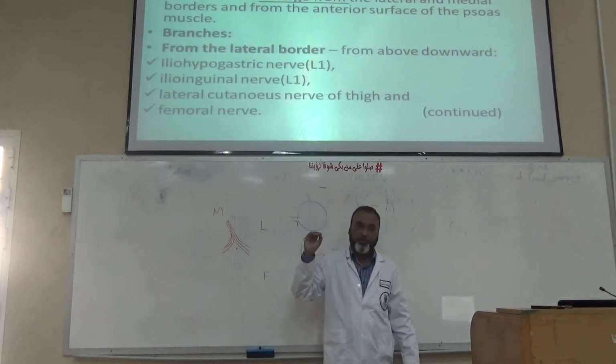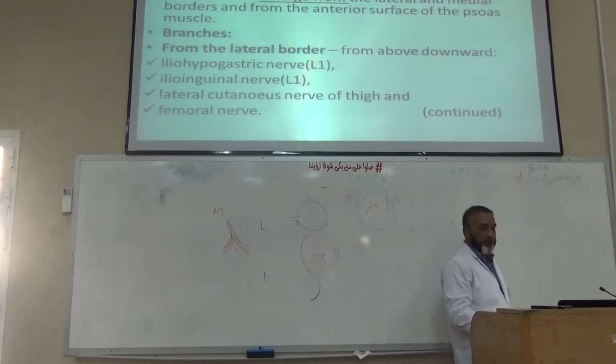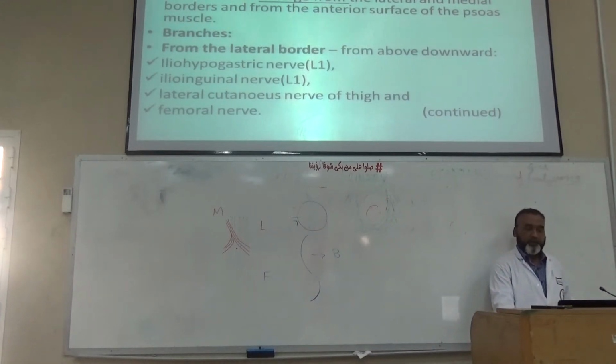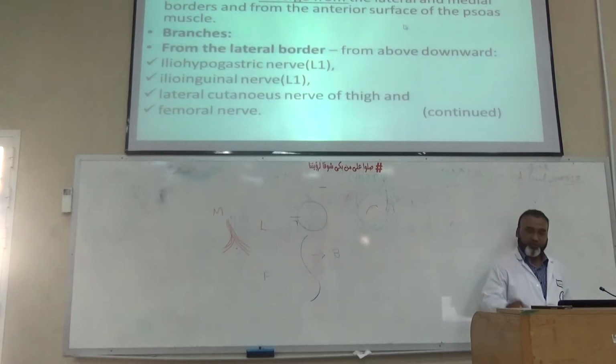They emerge from the lateral and medial borders and from the anterior surface of the psoas major muscle.